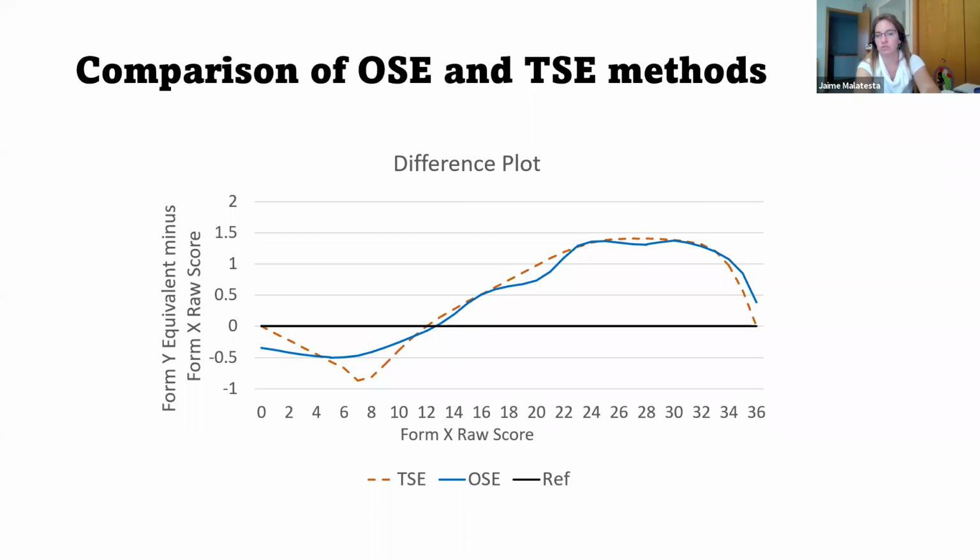For IRT observed score equating, the relationship is smoother and doesn't depart like that, because we didn't need an ad hoc approach. Overall they are pretty similar, except at the very low end and for perfect scores, where there are some differences because true scores are undefined for a perfect score under the 3PL model.